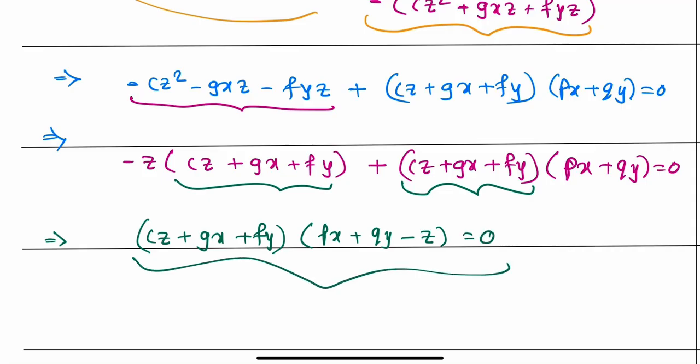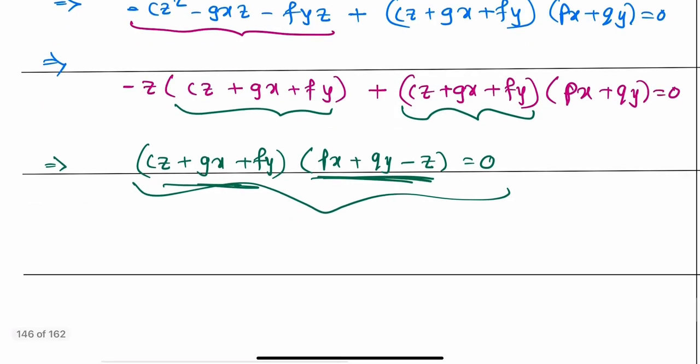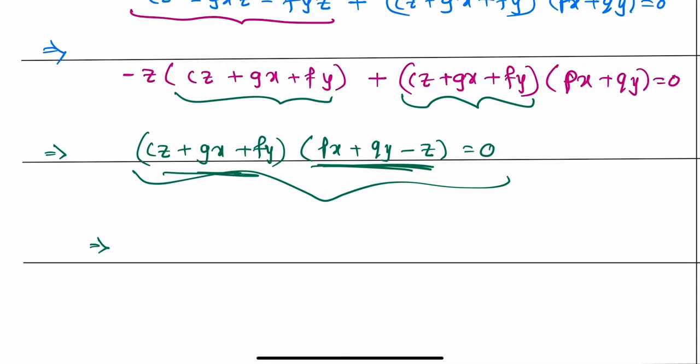If this product has to be 0, then either this has to be 0 or that has to be 0. But we need a partial differential equation, so we take px plus qy minus z equals 0.